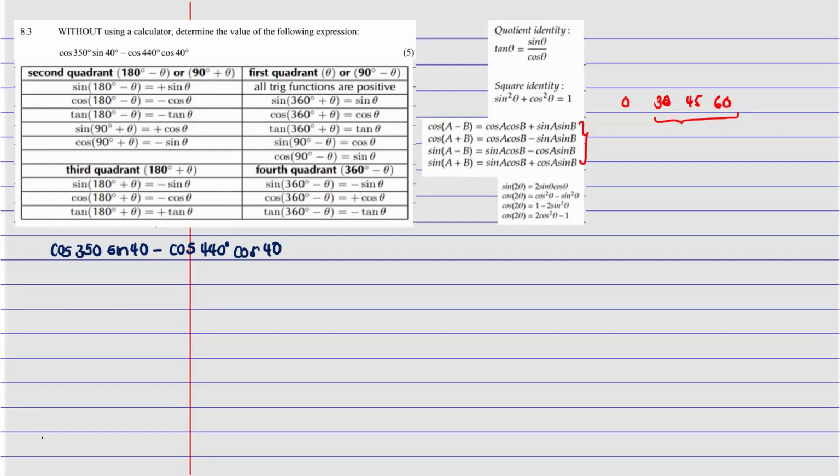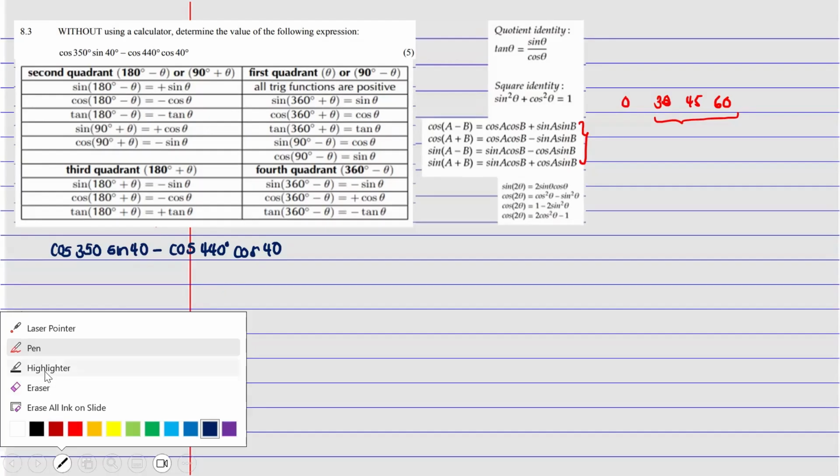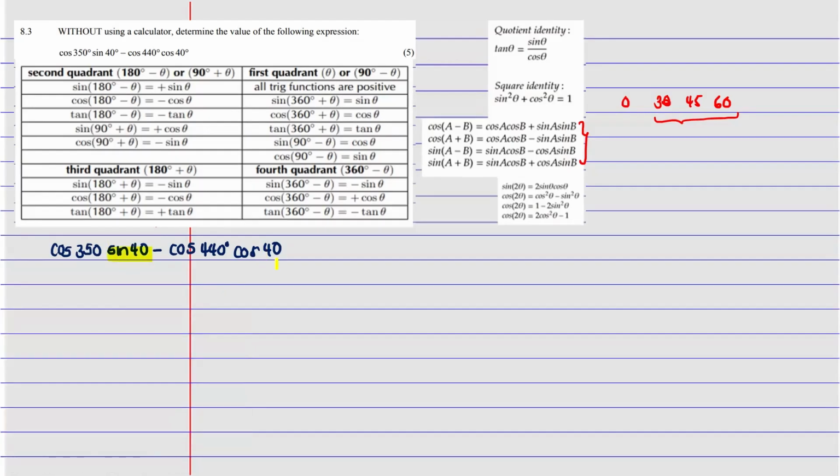So what do we see? We see that we have two things that match up with angles. So those two, we're going to leave them. We see that this one matches up with this one, meaning one of these identities is going to play a role. So we're going to leave this 40 when we're reducing. Now we have to deal with this 350 and also this 440.